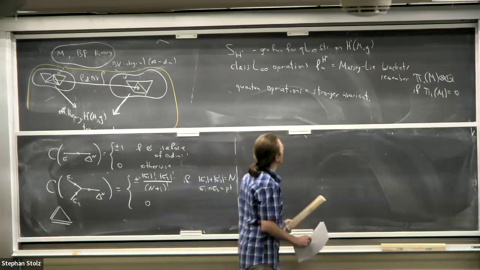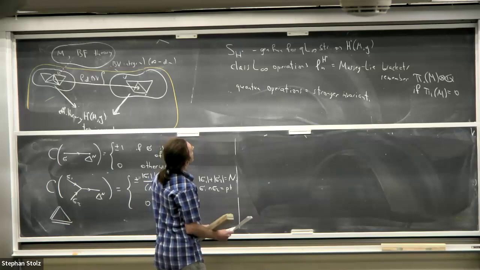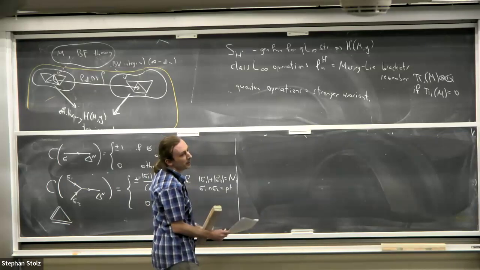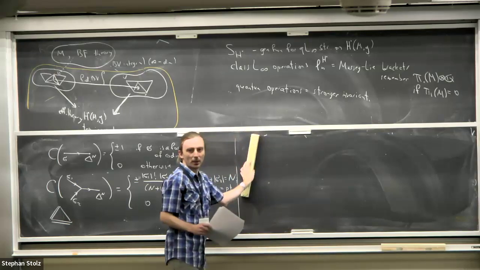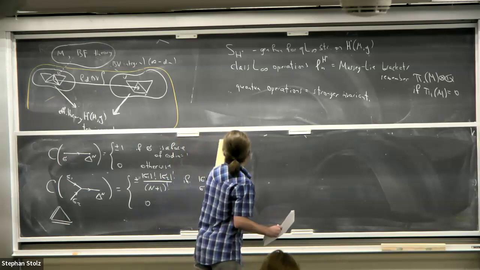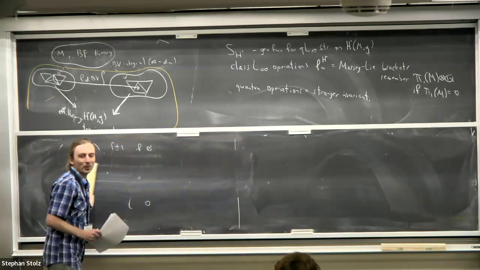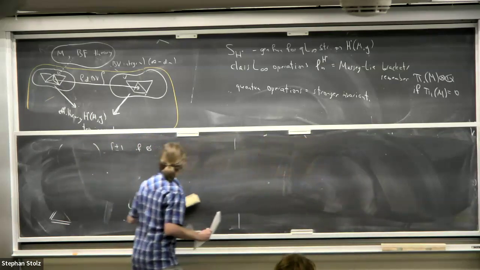To recover the actual simple homotopy type, you need to start twisting the construction by non-trivial local systems. And if you do that, then you don't have to worry about simple connectedness anymore. You're seeing all the possible. I certainly want to allow non-simply connected manifolds for sure.